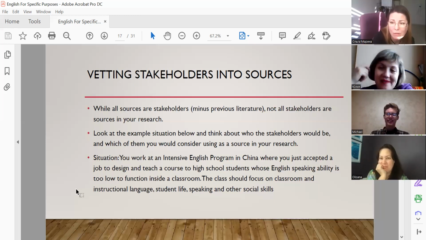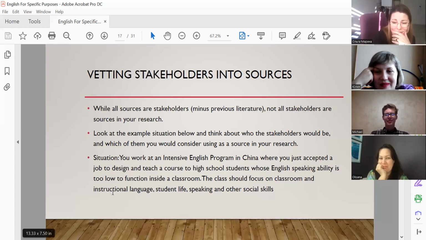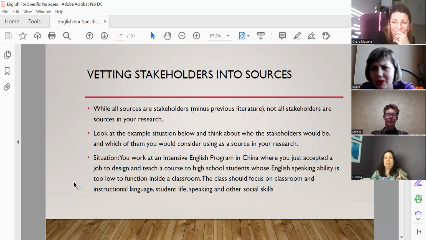Yes, so they benefit if students will know English better from me. Exactly. So if they know English and instructional language, so when they tell them do that or do this, they understand. Well, imperative mood. Exactly.